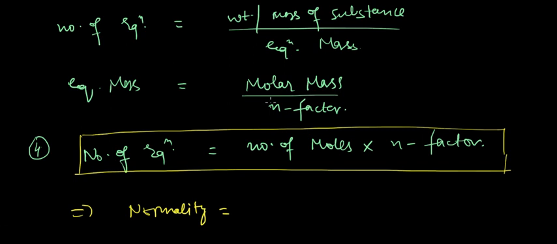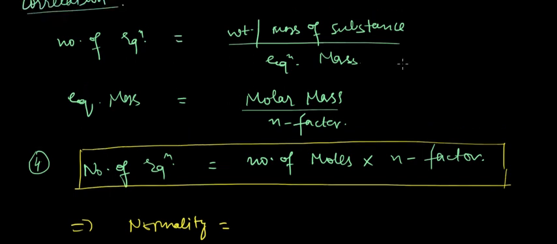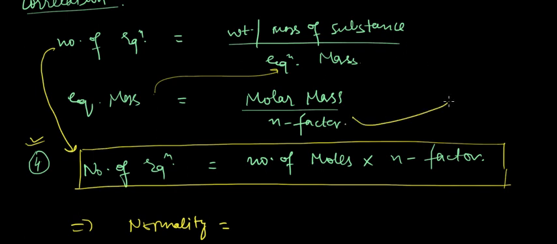Before that, I hope you all can relate how we came to the fourth equation. If you want to calculate the number of equivalents, just put the value of equivalent mass from this equation to here. So you will get the weight or mass of substance divided by molar mass, and in the numerator it will come multiplied with n factor. Okay, and mass of substance divided by molar mass is nothing but the number of moles multiplied with this n factor which goes into the numerator.